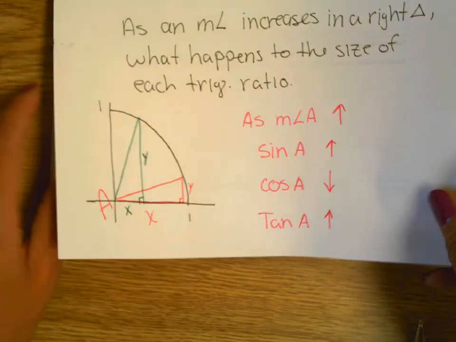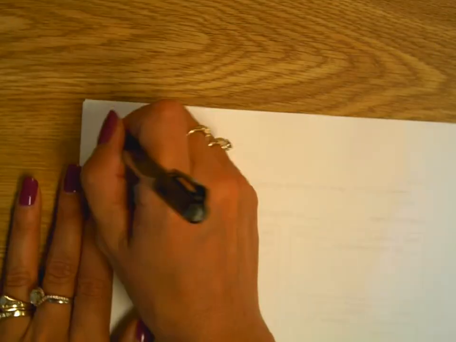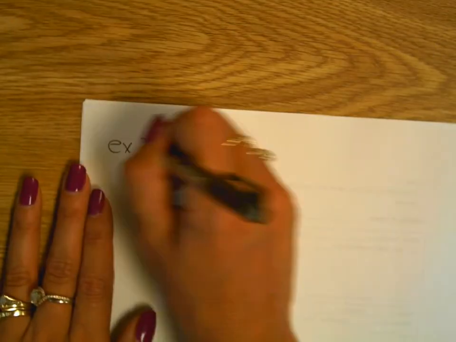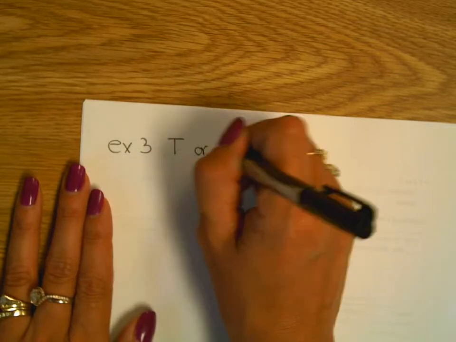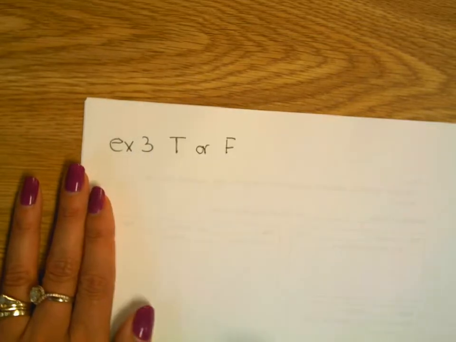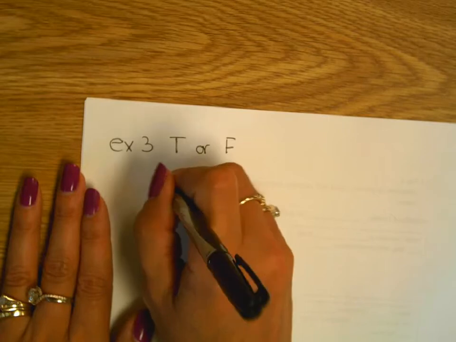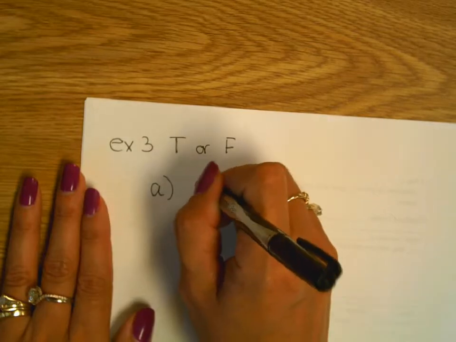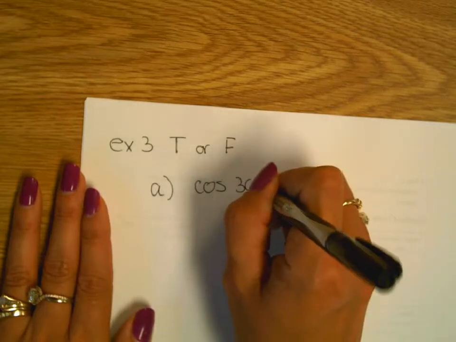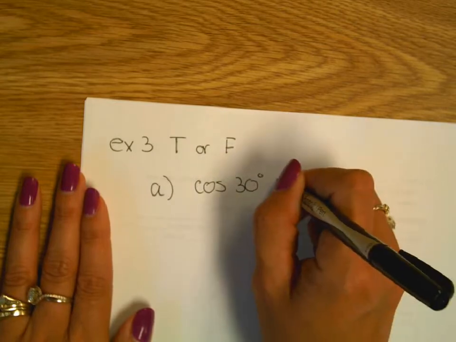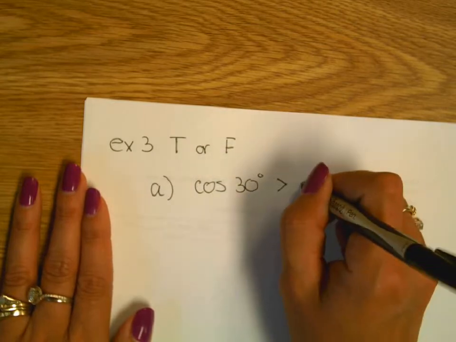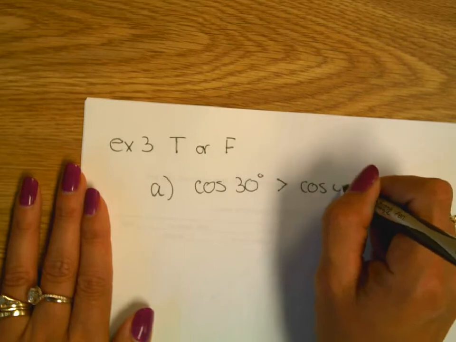One example for this. Without a calculator, true or false? The cosine of 30 degrees is bigger than the cosine of 40 degrees.